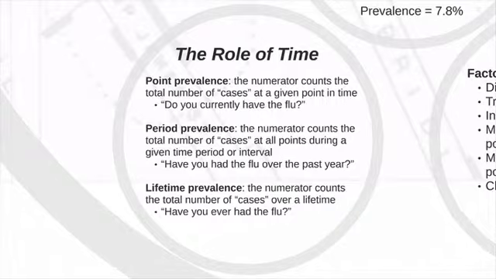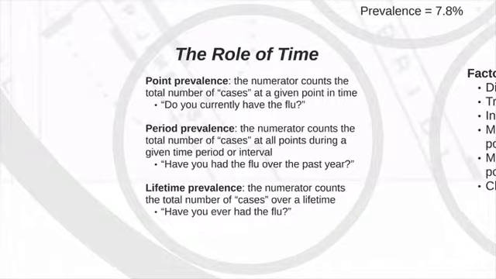You can imagine that for something like the flu, period prevalence may be more informative because the flu is really short lasting. If you did a survey of Temple students, and you were able to send an email to every single one of them and ask, do you have the flu right now? You'd end up getting a really low prevalence because the flu is short-lived.